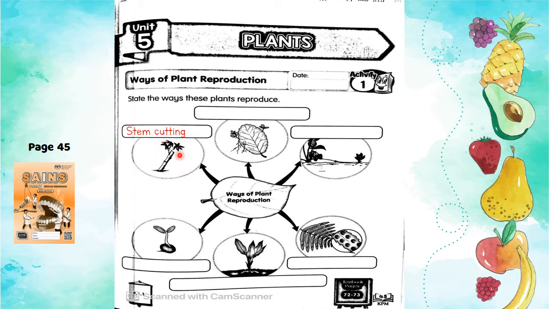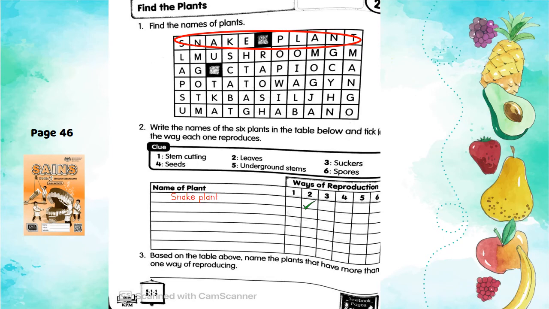The first one, I give the example, is stem cutting, because it is reproduced through stem of a parent plant. Okay, you do. Answer all the questions and then we move to the next page.